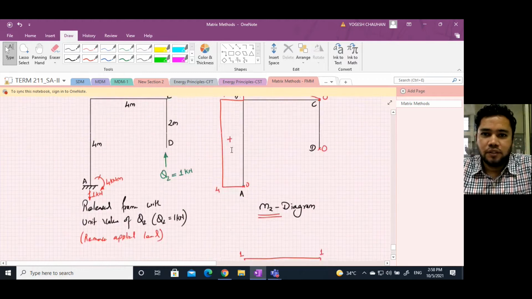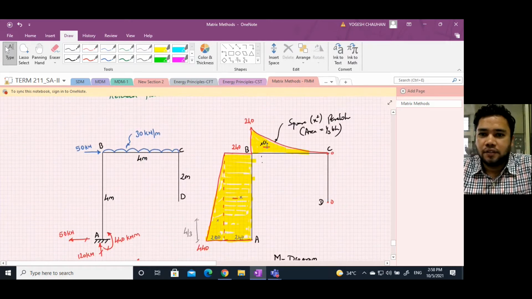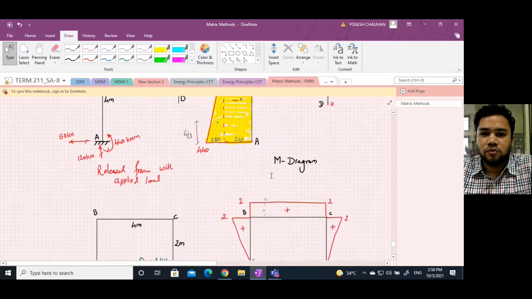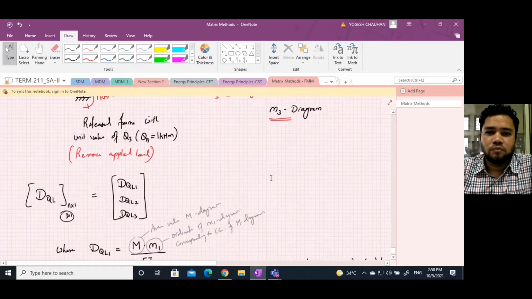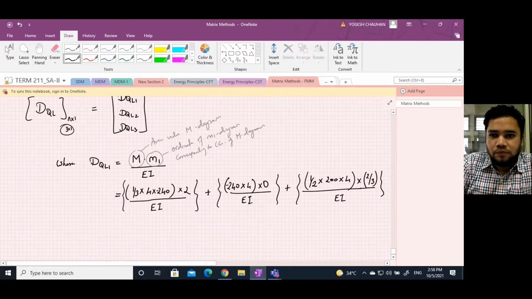Now one more thing. This area is negative area. So you should multiply here minus 240, and this is minus 200.